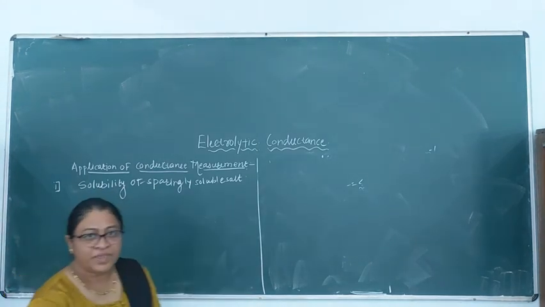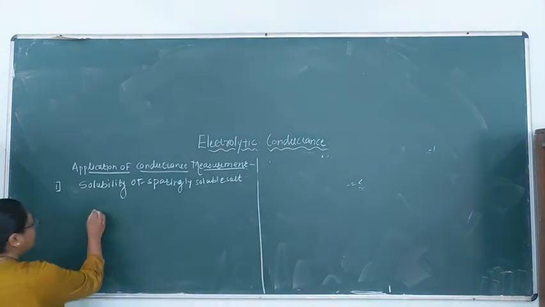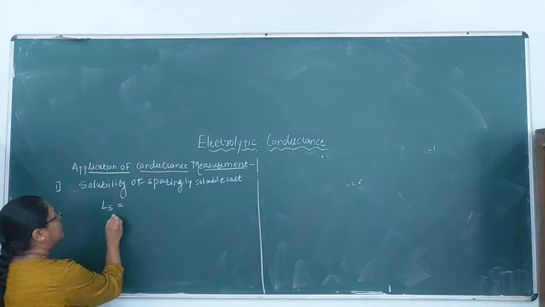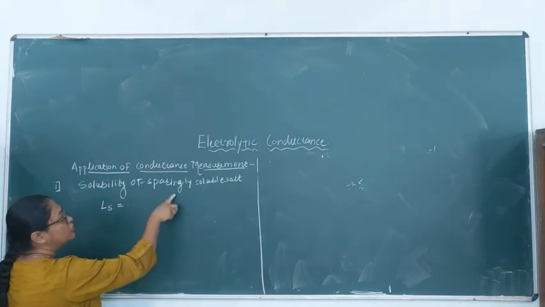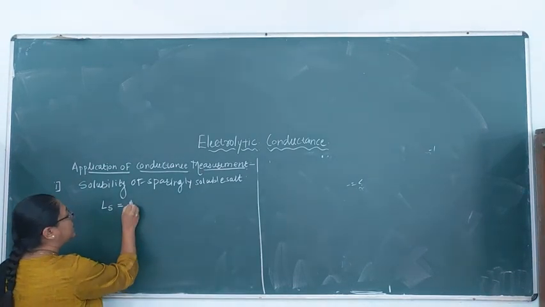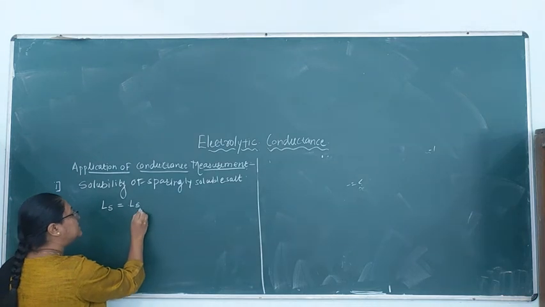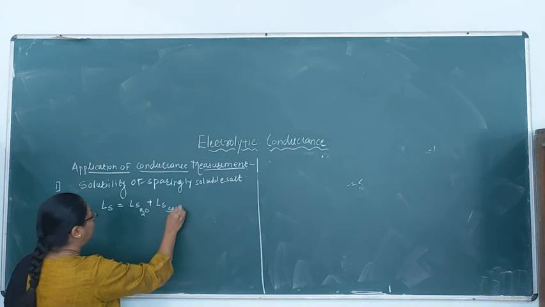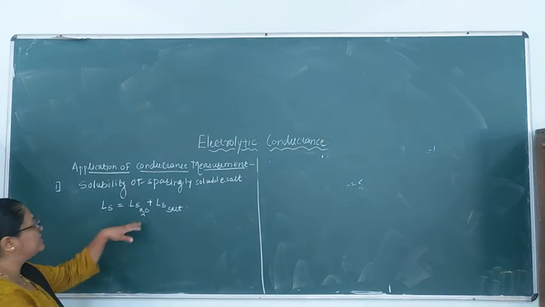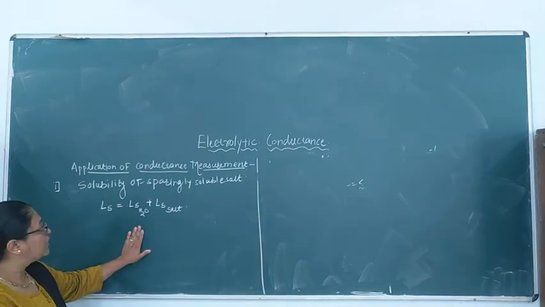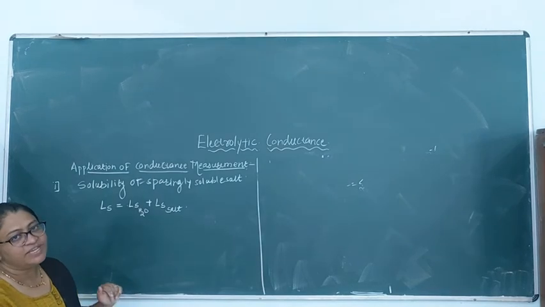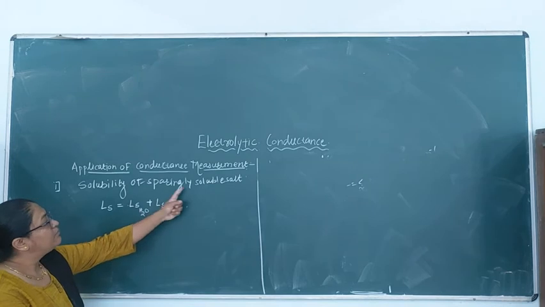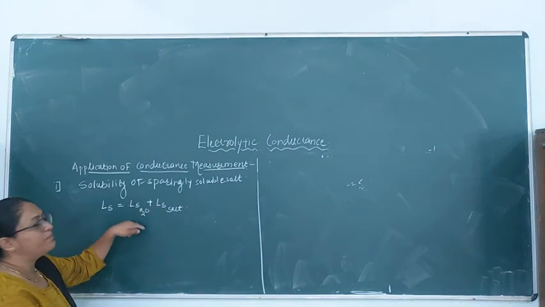Let's see how. Now, for the salt, when we make the solution of this sparingly soluble salt, its specific conductivity is the addition of the specific conductivity of the salt and the specific conductivity of the water. Because for taking the conductivity measurements, we always use water as the solvent, and by dissolving this salt, we prepare the solution.